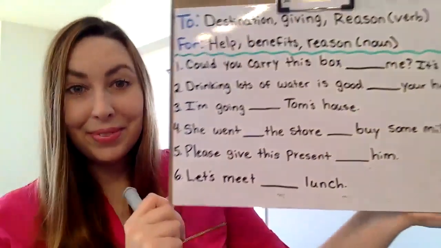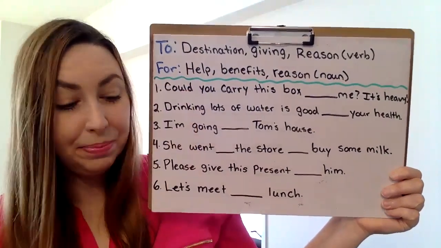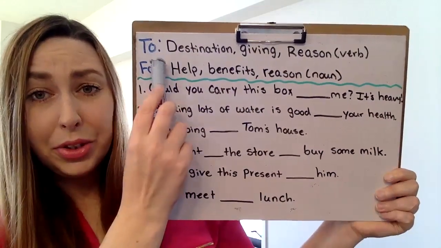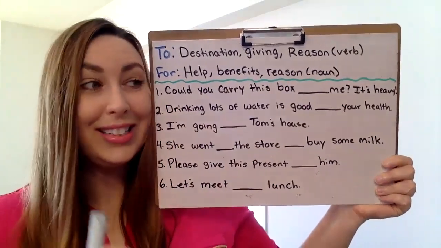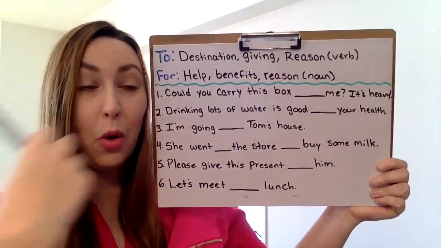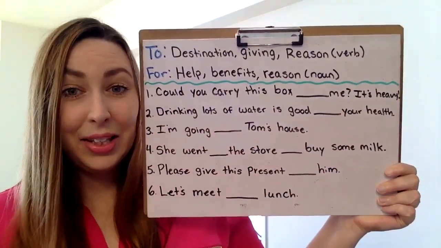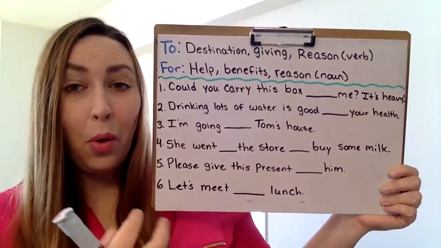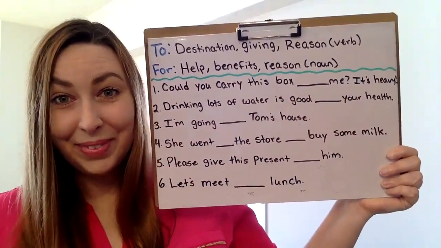Okay. So we have "to" and "for" here. For "to," I think everybody knows that we use "to" for destinations, when we are going somewhere, physically moving somewhere, okay? So, I'm going to Italy. I'm going to India, right?